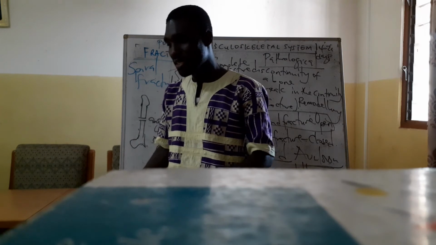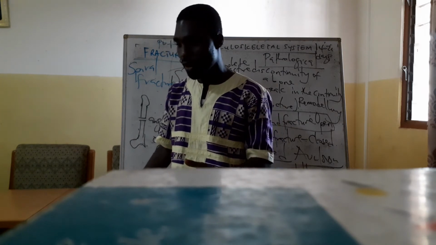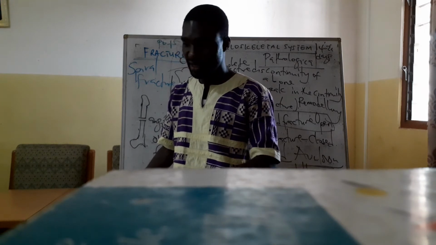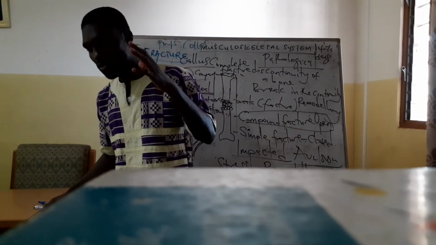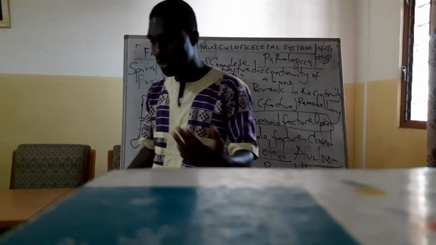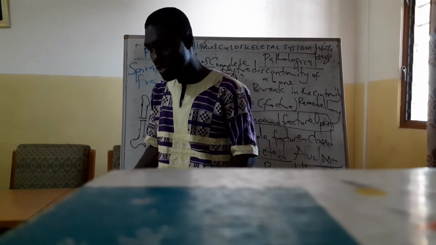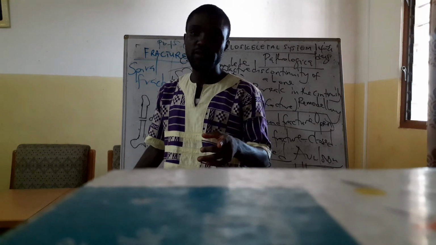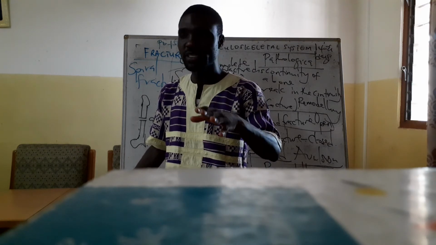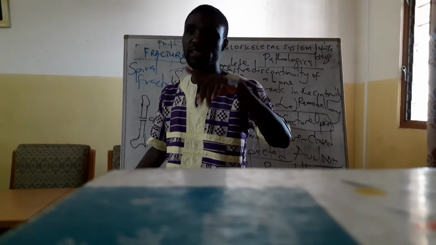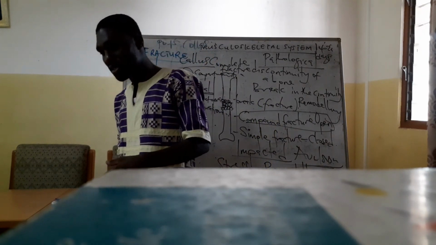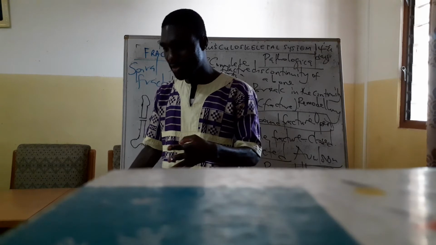The type of bone involved, where the bone is located, can also determine whether healing will be prolonged or early. And then the severity. If it's just an incomplete fracture, it will heal faster as compared to a comminuted fracture. And then the blood supply.